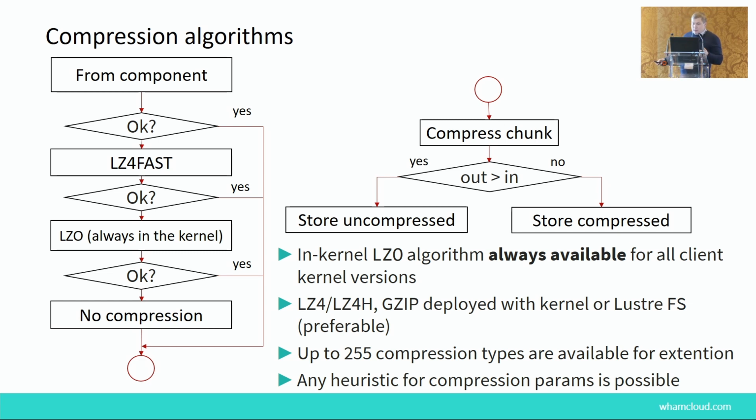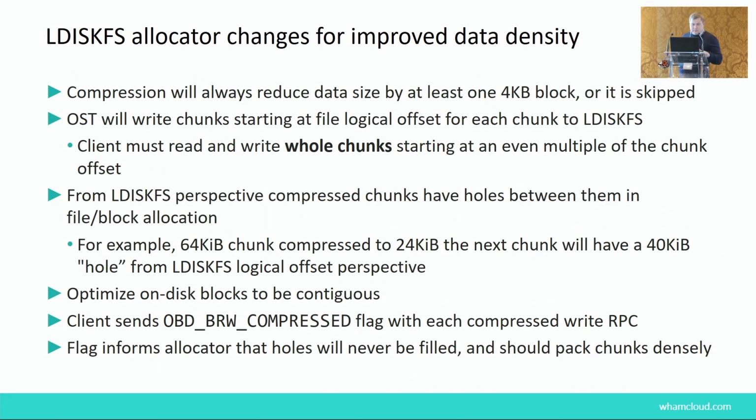I said that LDiskFS structures have not been changed, but we optimized the LDiskFS code a little bit. It's because the client-side data compression approach uses holes in the files. It always writes at the original chunk offset.